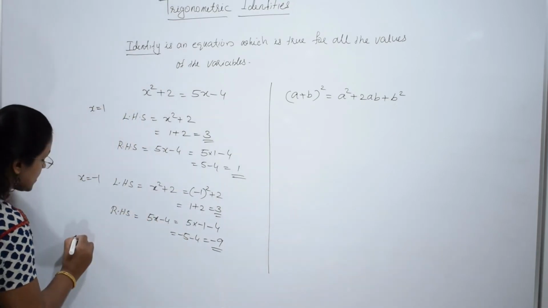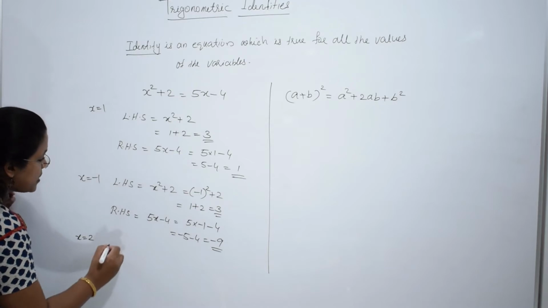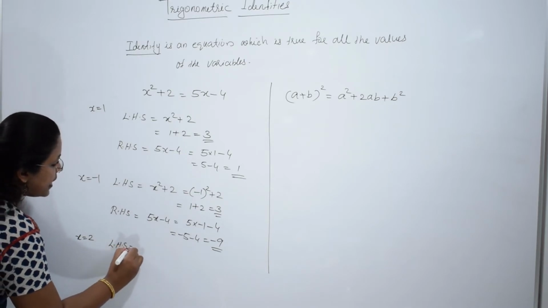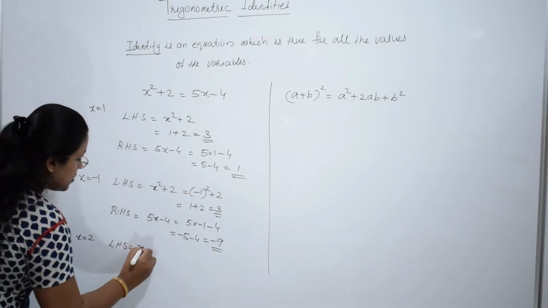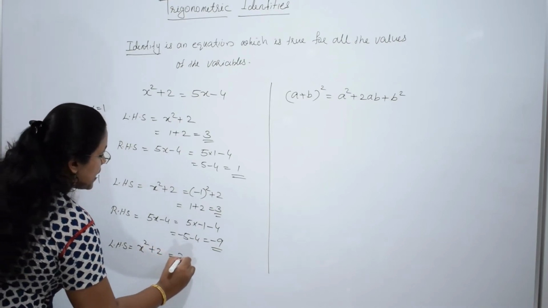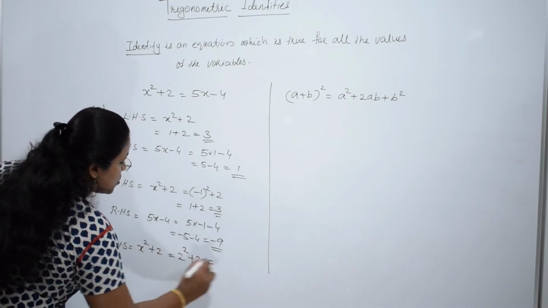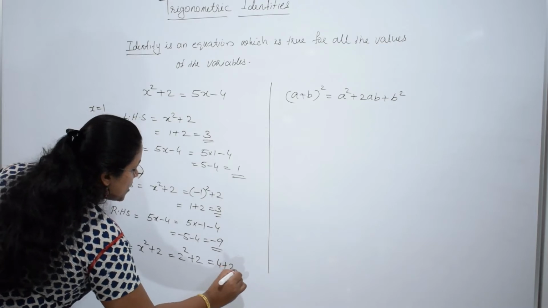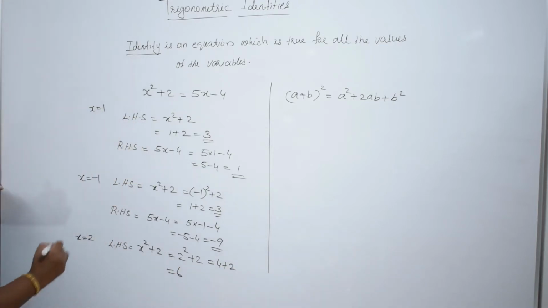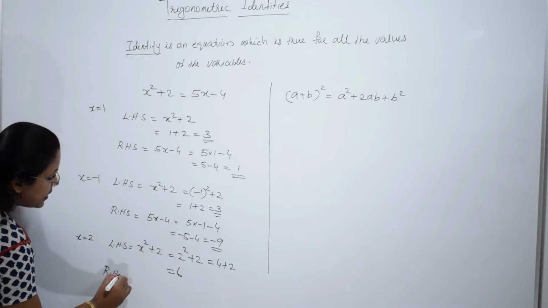Put the value of x as 2. What happens to the left hand side and right hand side? LHS is x square plus 2, that is 2 square plus 2. 2 square is 4. 4 plus 2 is equal to 6. And what about the right hand side?